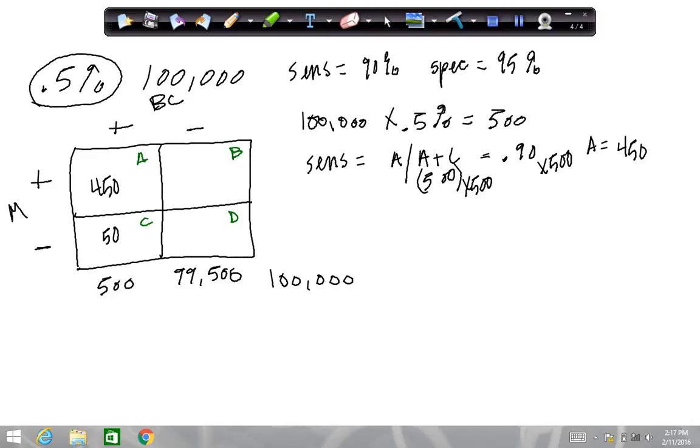So that's 50. Next, we know that our specificity is 95%. And we also know that that formula is D divided by B plus D. We know that B plus D is equal to 99,500.